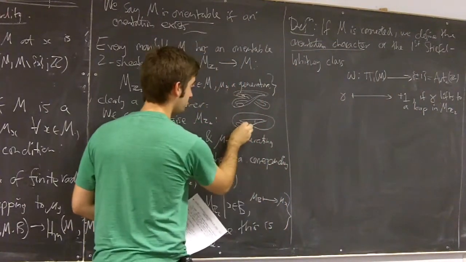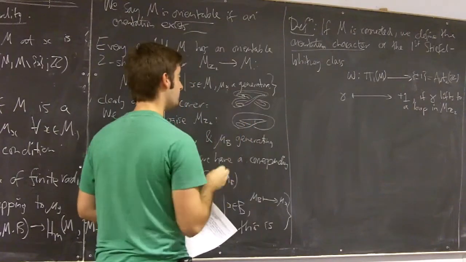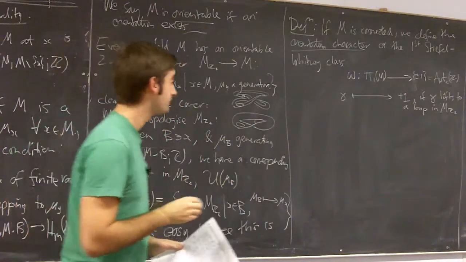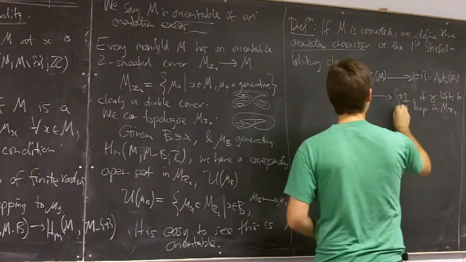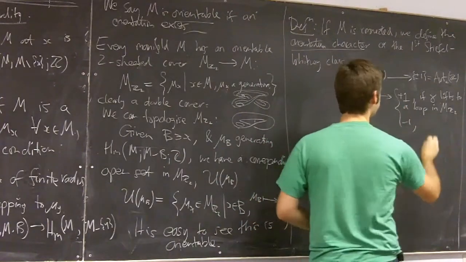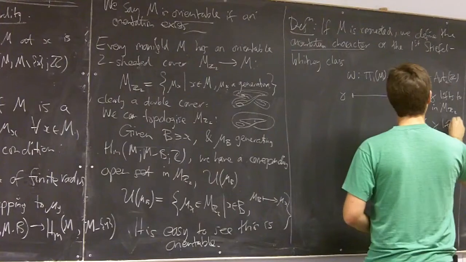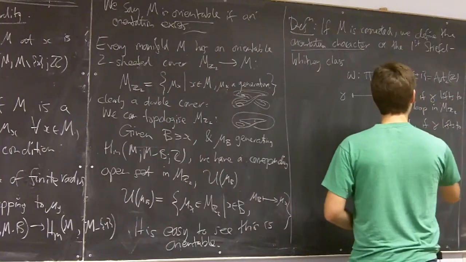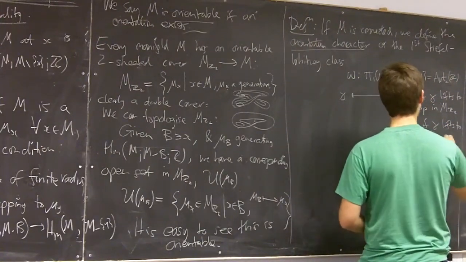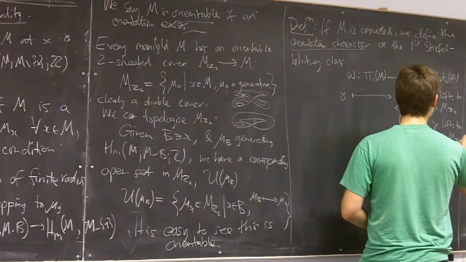So if you had a little loop here and that lifted to a loop here, that would get +1, and it maps to -1 if gamma lifts to a path, so not a closed loop in the double cover.